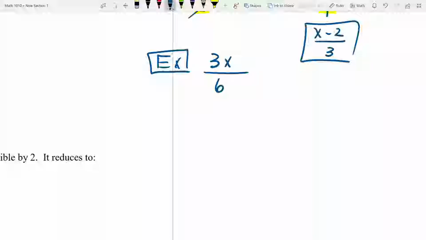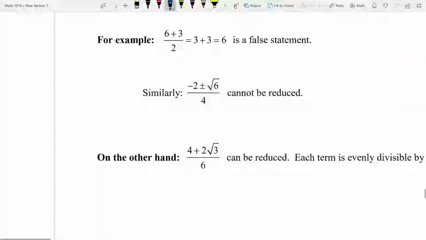It's not 3, it's 2 terms. Why? Because there's no plus on the top separating the 3 and the x. That's just one thing. Who says, I understand what you're saying to me? Raise your hand. Okay, so can we reduce that? Yes. 3 goes into 3 once, 3 goes into 6 2 times, so that would be your answer there, x over 2. Who says, I understand that? Okay, great. Now let's come back over here.